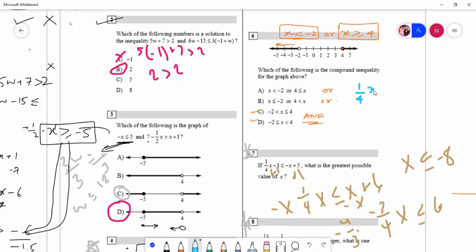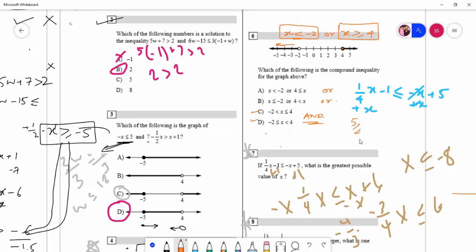Okay, let us do it again. 1 over 4 x minus 1 is less than or equal to negative x plus 5. What you did is you added x to both sides, right? Yes. Then how much will be 1 over 4x plus x? 1 over 4 plus 1 in terms of numbers, 5 over 4. Yes.